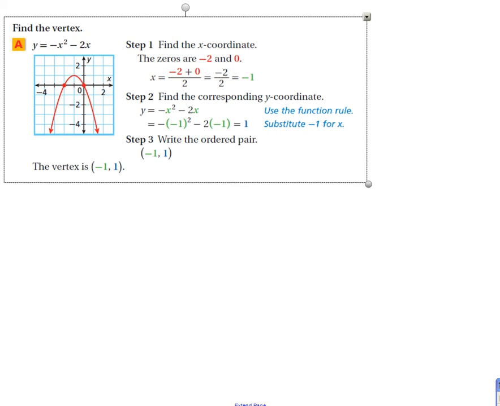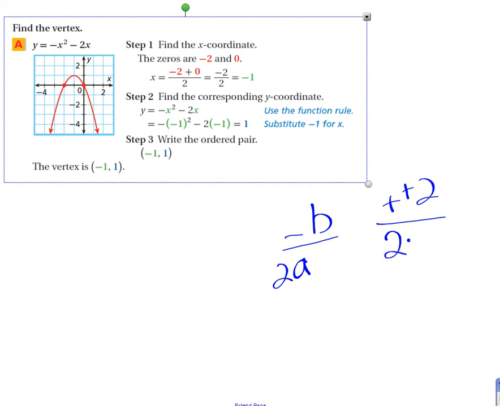Okay, so this one kind of has the answer, but that's okay. So find the vertex. The first thing we would do, step 1, is to find the axis of symmetry. So we say negative b over 2a. So b is negative 2. So we have negative negative 2, which really is just positive 2, over 2 times... Wait, how'd you get negative negative 2?